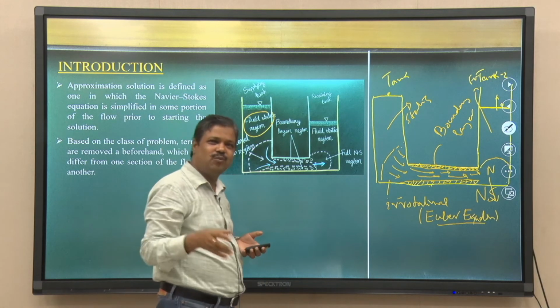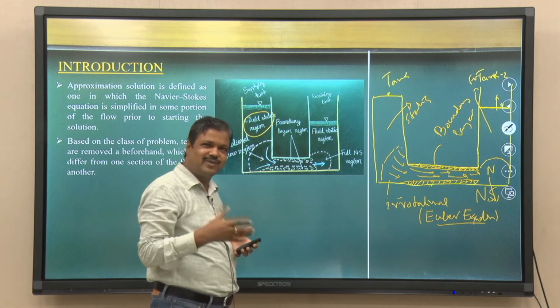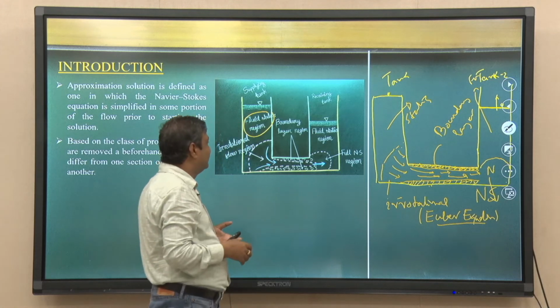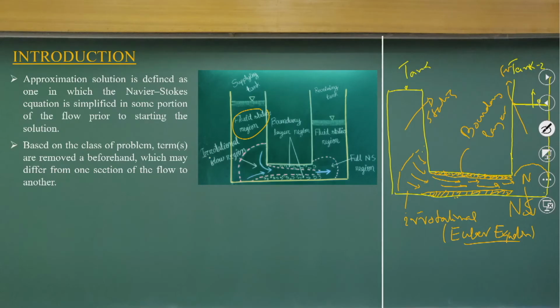So, only the gravity force and the pressure field, that is what we discussed. There are regions where the flow is irrotational, where only the streamlines will come like this. There are regions close to the wall, where they have boundary layers, there will be large vortices, vorticity will be there, viscous dominance will be there.